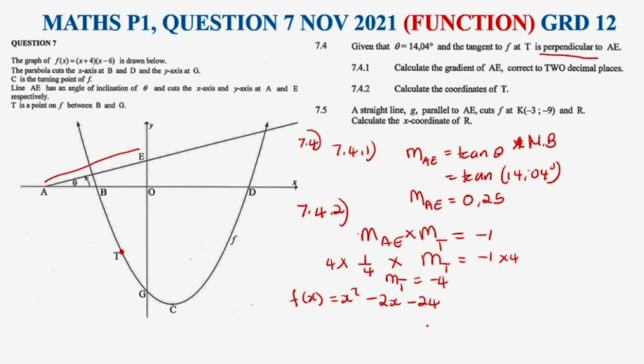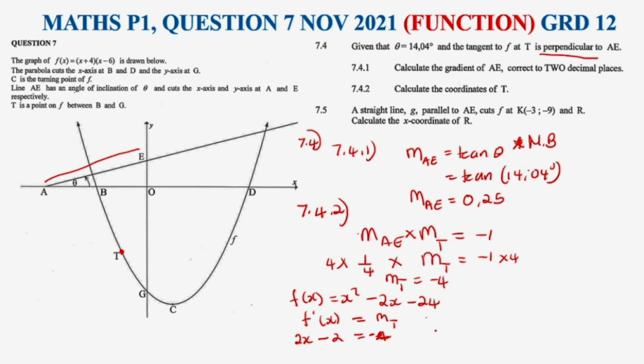Because t is lying on our parabola, we say the first derivative should be equal to the gradient of t in order for us to find the coordinates of t. So the first derivative in this case is going to be 2x minus 2, which should be equal to negative 4.